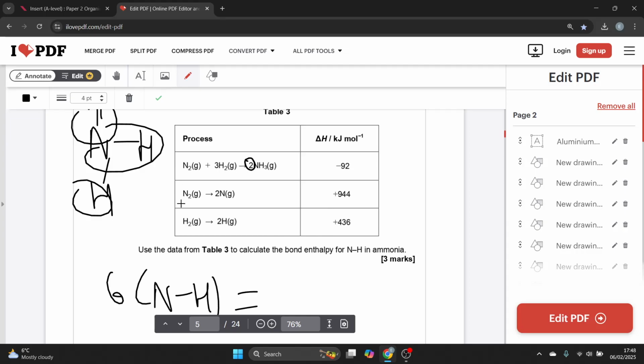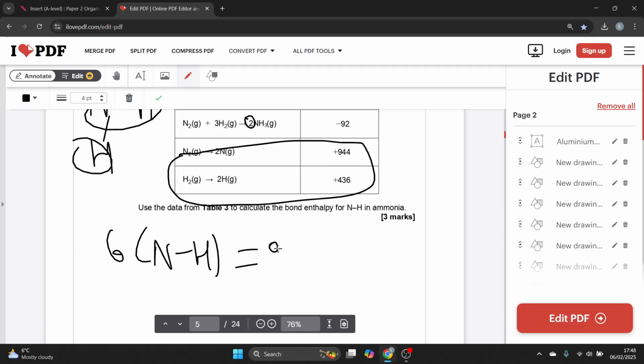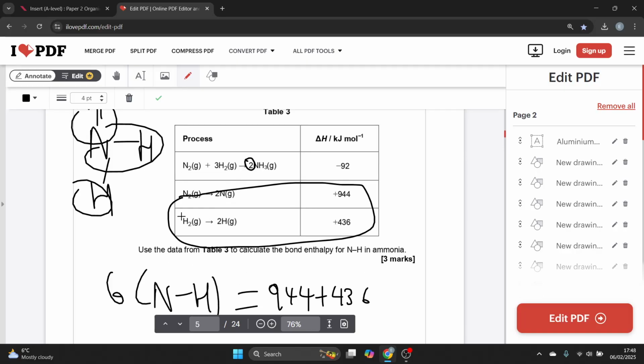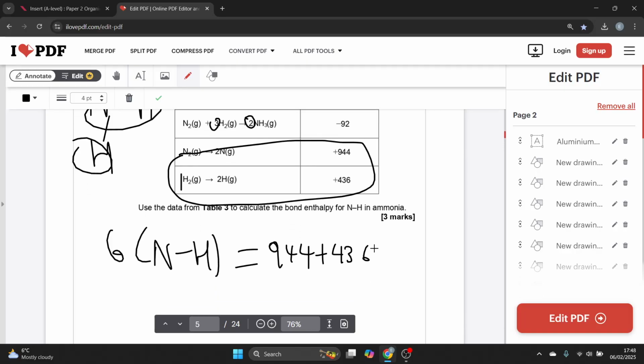Well, energy required to break bonds is this. Go from N2 to 2N, so it's going to be 944 plus 436. But the thing about 436 is that's for 1 mole. I've got 3 here, so it's going to be 436 times by 3.